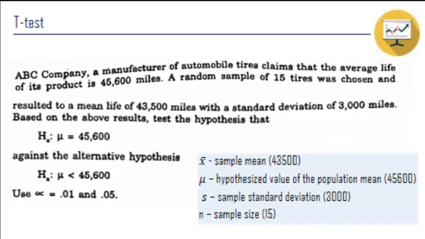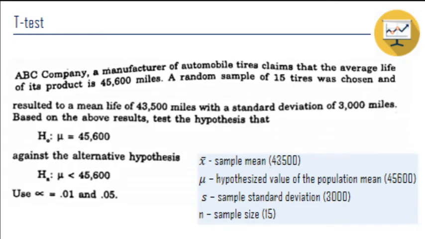Use alpha is equal to 0.01 and 0.05. So this problem, sinasabi niya na gamitin daw natin yung 0.01 and 0.05. Both level of significance. So let us try to determine the variables muna para hindi tayo mawala. Ang sample mean is 43,500. So makikita nyo naman sa taas, 43,500.